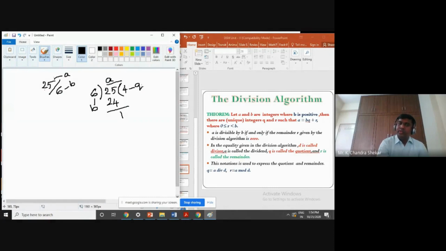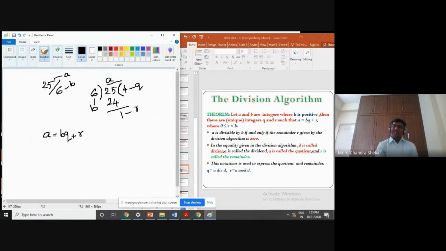Let me call it Q, and this is the remainder, which I call R. So can I write A equal to B into Q plus R? B is 6, Q is 4. 6 4 is 24 plus R is 1, 25, which is nothing but A. Okay. Now this is nothing but your division algorithm.